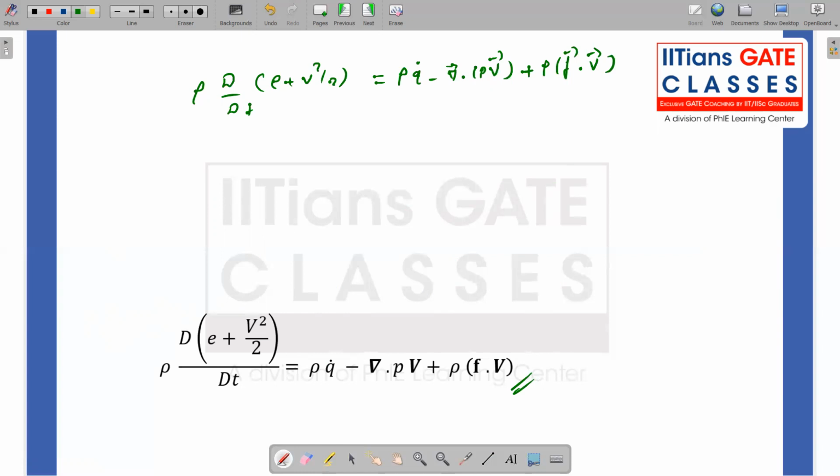This form of the energy equation is very important for us to define stagnation properties.